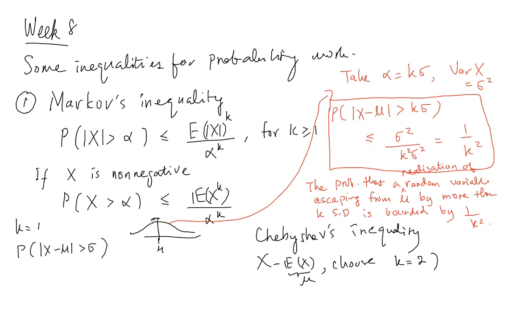So this is a distribution, right? So this is mu minus sigma. This is mu plus sigma, right? If you fall somewhere within here, that is within sigma. But if you get something else, you are basically escaping from within sigma. It says that the chance of this happening will not be higher than, in this case, well, this is trivial, right? This bound is very loose. In this case, it just says that it won't be more than 1. Of course, it won't be more than 1, right? So k equals to 1 is trivial.